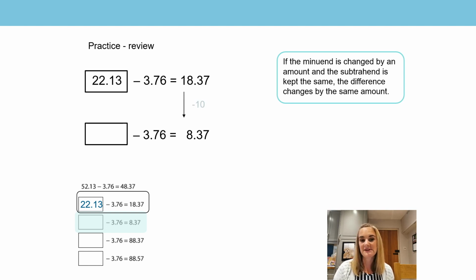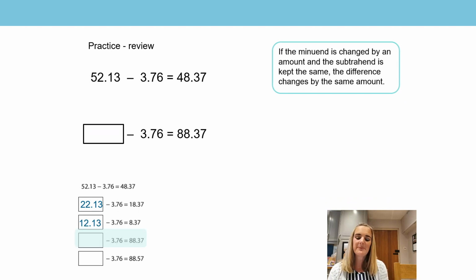It's dropped down by 10, it's decreased by 10. If the difference is decreased by 10, then using our generalisation, the minuend must also decrease by 10. So 22.13 needs to decrease by 10, and 1/10 less than 22.13 is, that's right, it's 12.13. Well done.